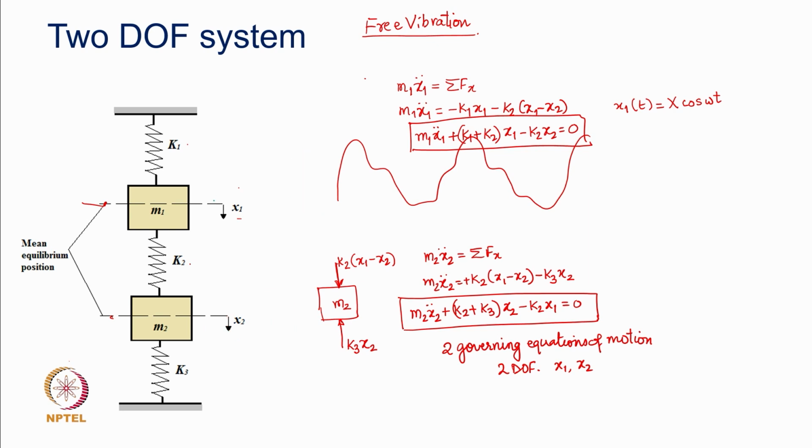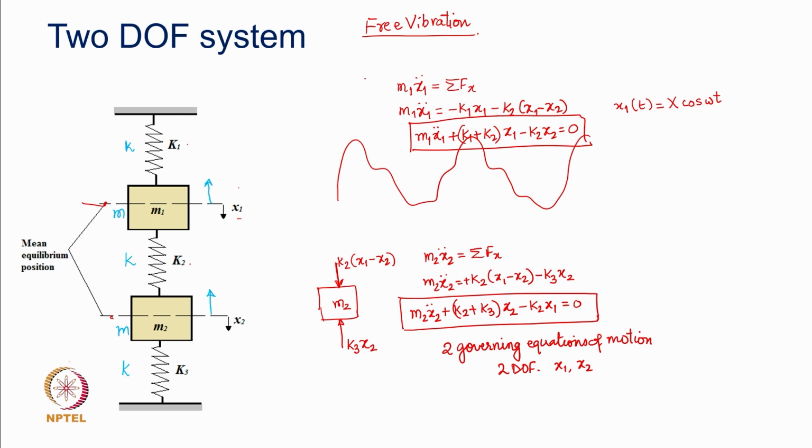If I push this mass and this mass together the same distance, okay, and for a hypothetical case that this stiffness is k, this stiffness is k, this stiffness is k, this mass is m and this mass is m, that means their numeric values are such that all the springs are identical, all the masses are identical.